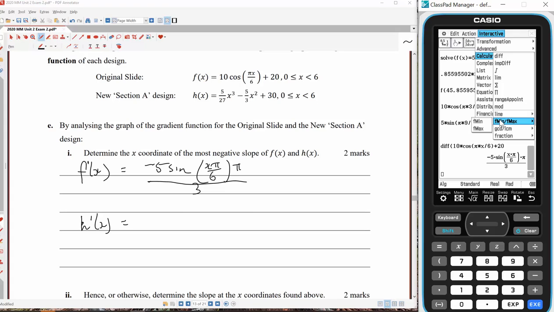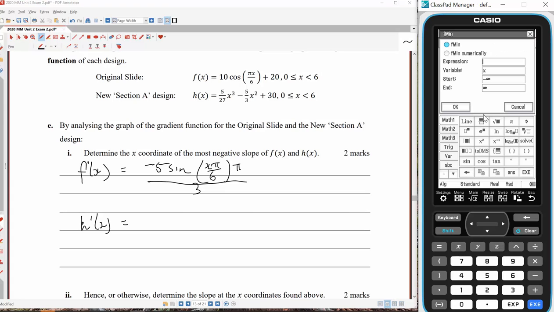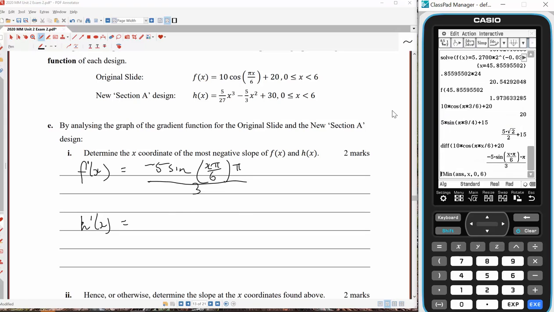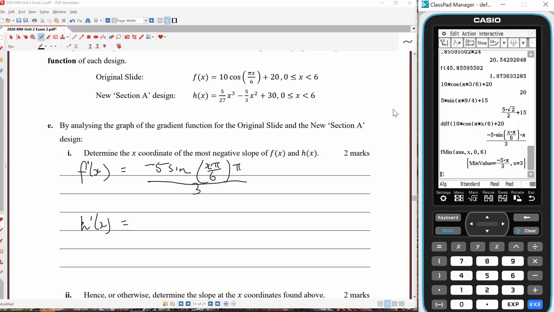So calculation f-min on whatever's in the answer slot between 0 and 6. So most negative slope is at x equal 3.